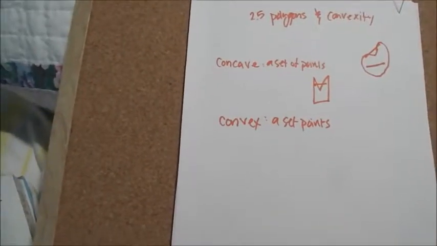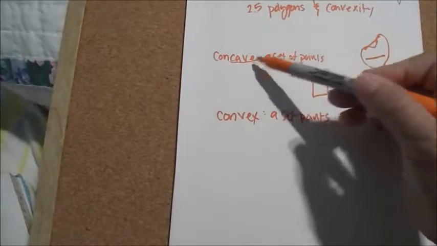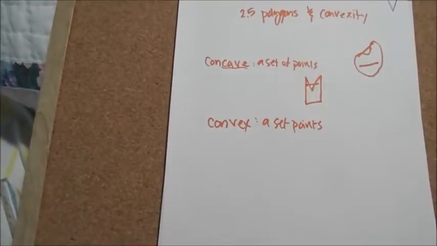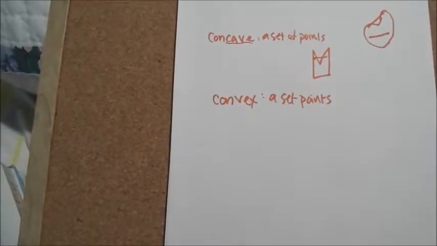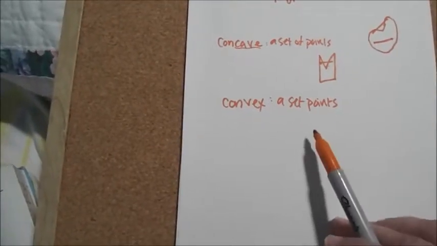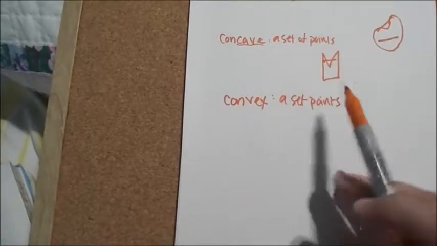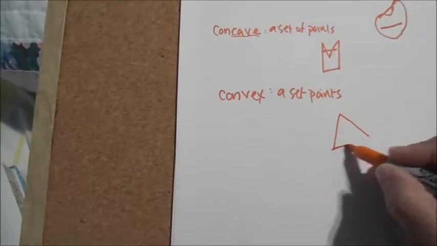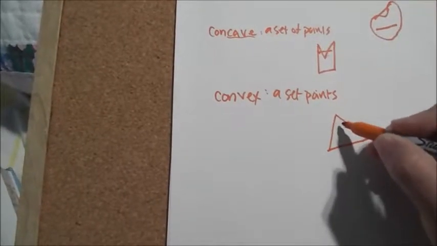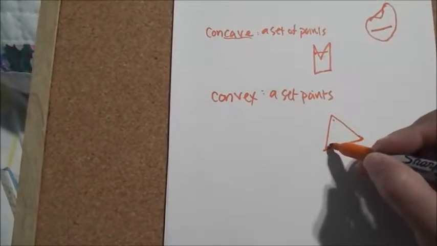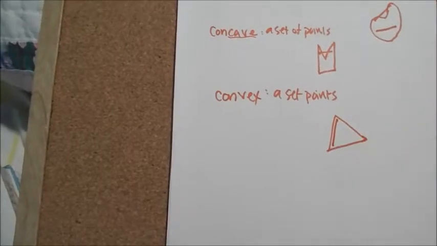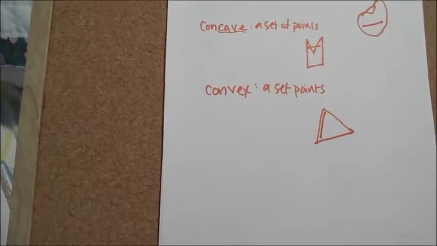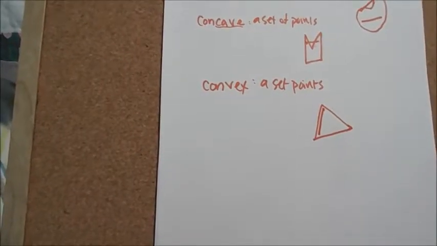To me, I try to remember it. If you just think about what a cave is, you go inside of it. That's what I think. So a convex set of points is something that's not concave. Or by definition, if you had a shape, and every time, no matter which 2 points you chose, the segment that you draw between them is always contained inside of the figure, then you know that you have convex.